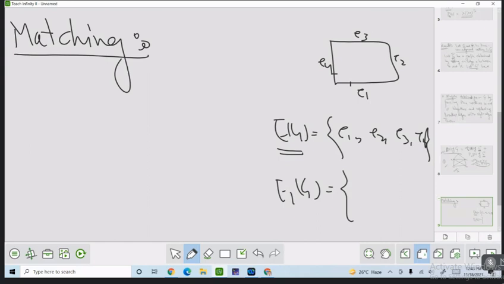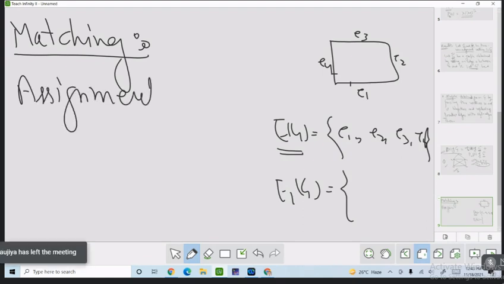Okay, matching is also called assignments. So what is the definition of matching?